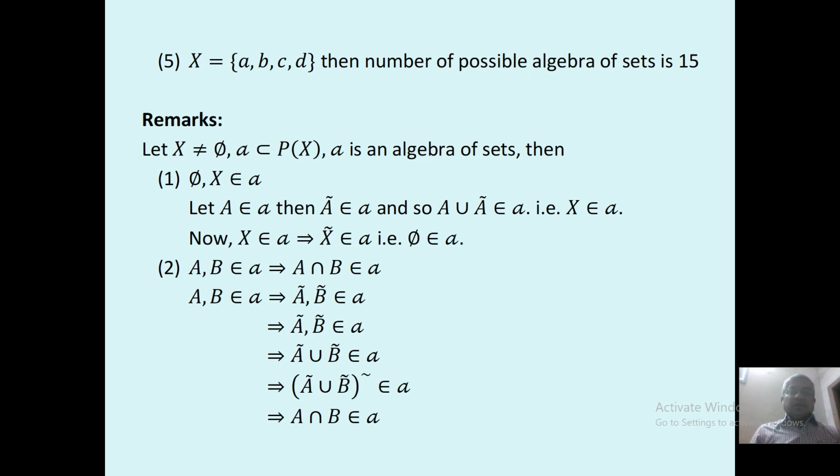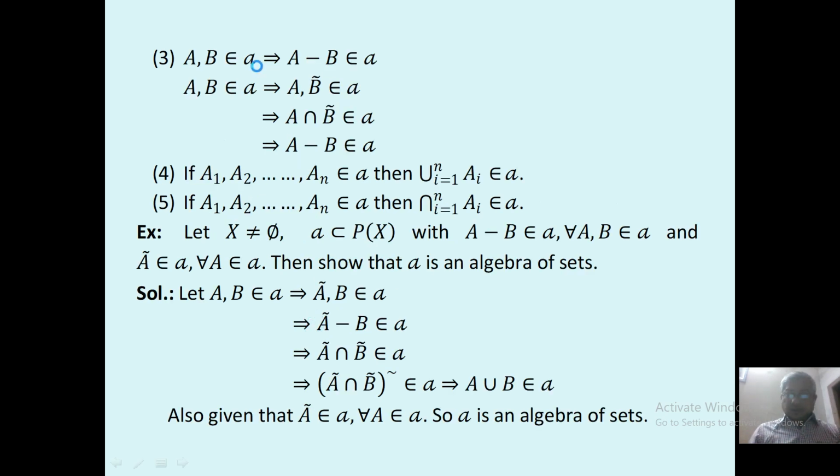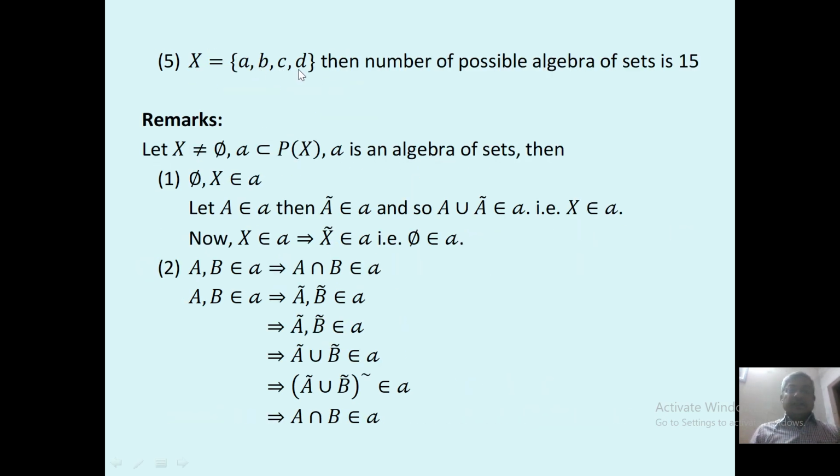Now this is for your homework: X = {a, b, c, d}. There are four members, and the number of possible algebras of sets is 15. So you have to find all these 15 algebras of sets.